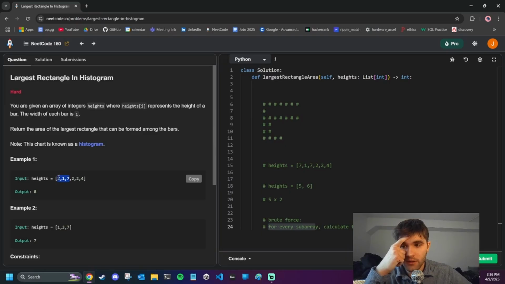Then we keep going here, and now it's the minimum of these times the length of it, so that would be 3. And then we could keep going. It's the minimum times the length would be 4, right? And then 5, and then 6. So then we could try starting here and doing the same thing, and then here. Is that bound to give us one of the answers?